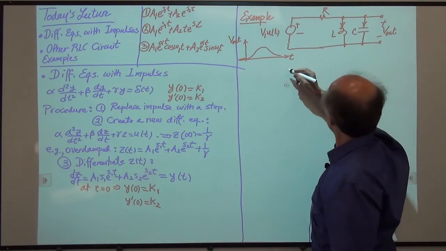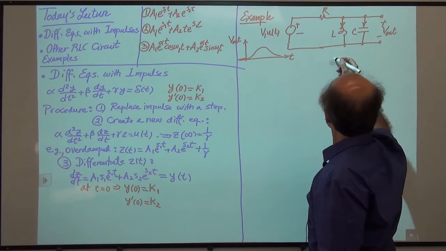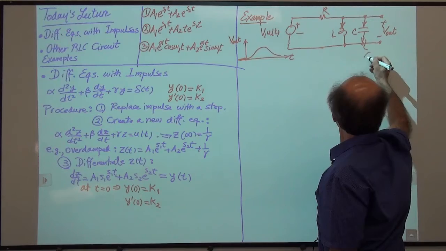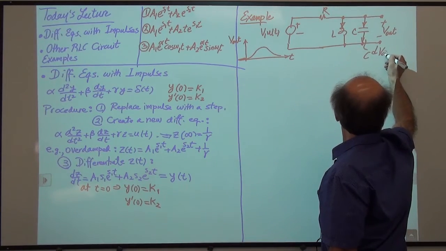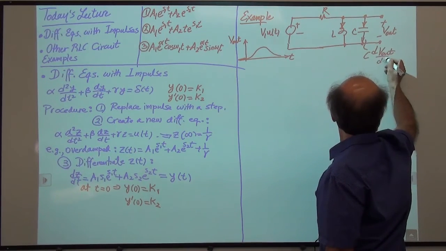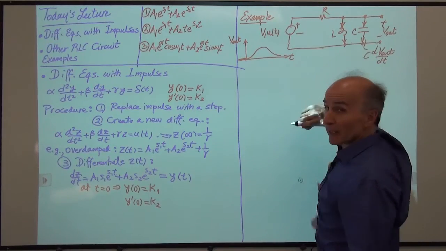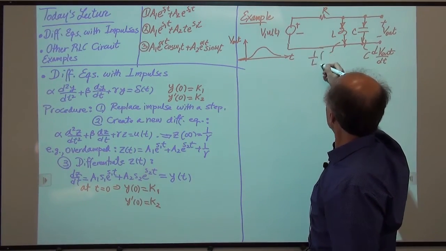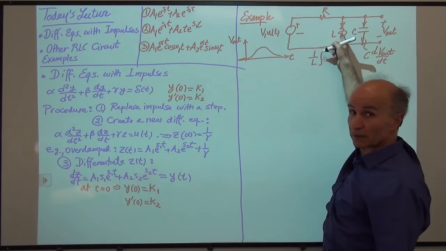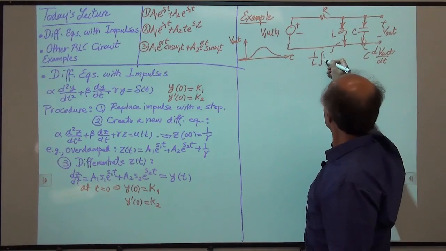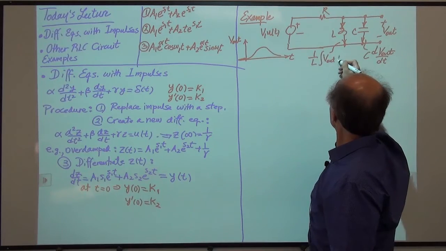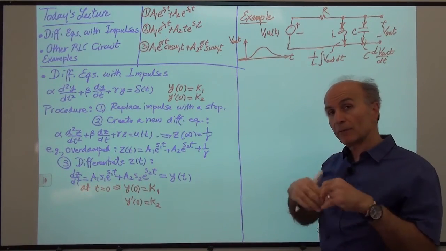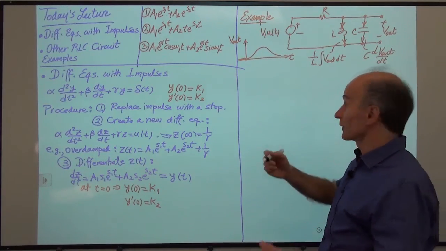Okay, so let's write the currents. We have a current through the capacitor. That current is given by C dV out over dt. We have a current through the inductor. That current is given by 1 over L integral of the voltage across the inductor, which happens to be V out, dt. These two currents add up and flow through the resistor to give us a voltage drop.